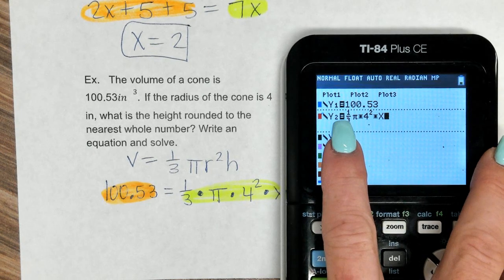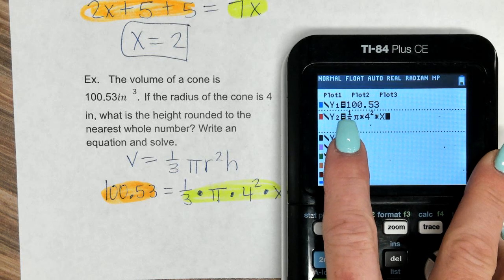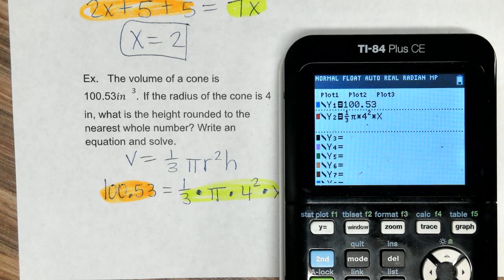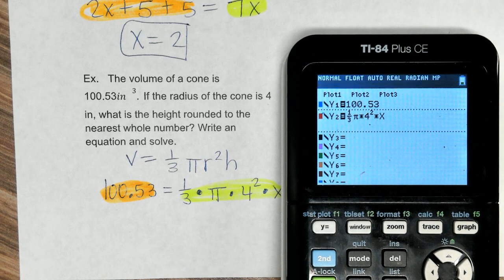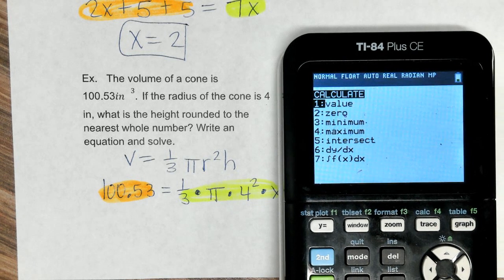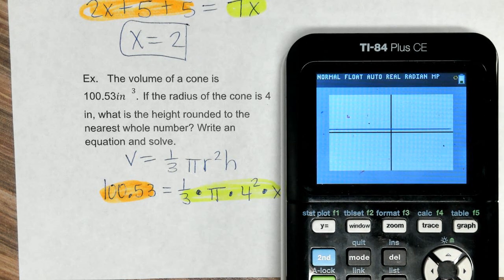Notice for y2 I typed in 1/3 times pi times 4 squared times x. Yes? Now what do I hit? Second trace, option. Wait for it to graph.